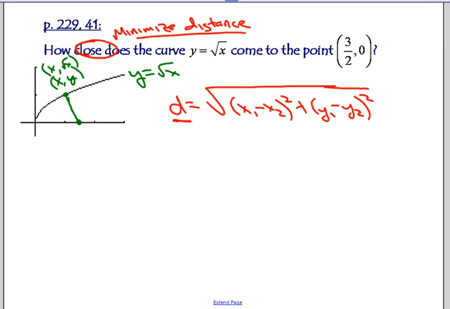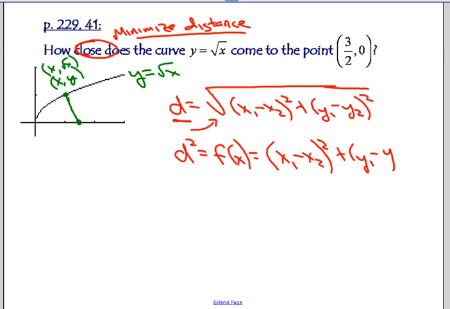As you look at the right side of d, you see that square root. So let's do one step further. Instead of minimizing d, let's minimize d squared, and let's call that our function. If we square, we get rid of the square root. So d squared equals (x1 minus x2) squared plus (y1 minus y2) squared.